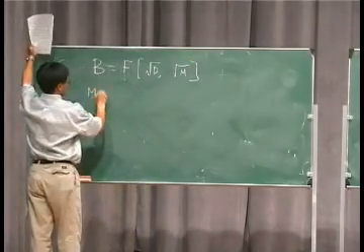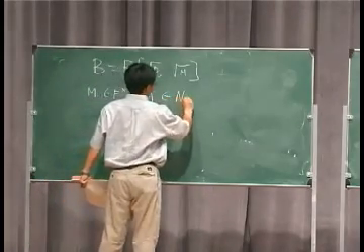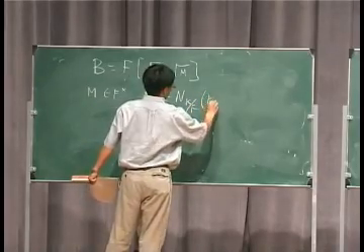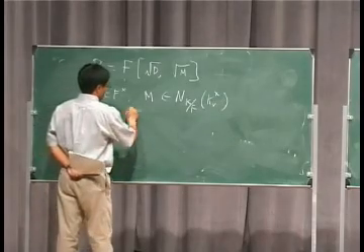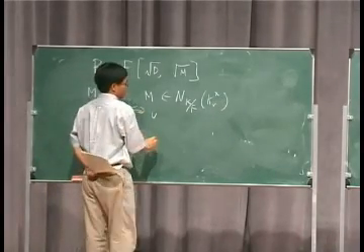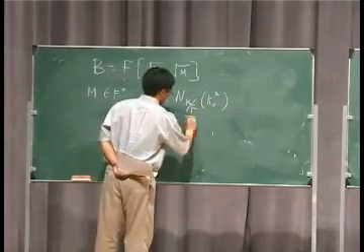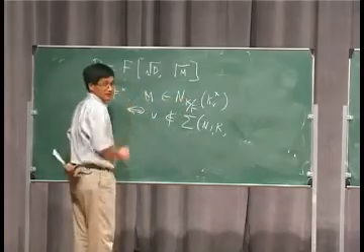So m is in F cross, m is inside the norm of K of F of the KV cross if and only if v is not in the set. So you can pick such an element m.